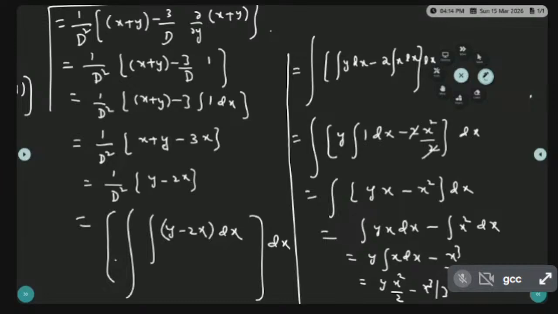In the previous concept, elimination of arbitrary functions. Form a partial differential equation. Next.